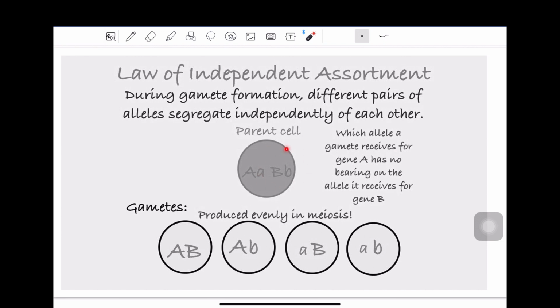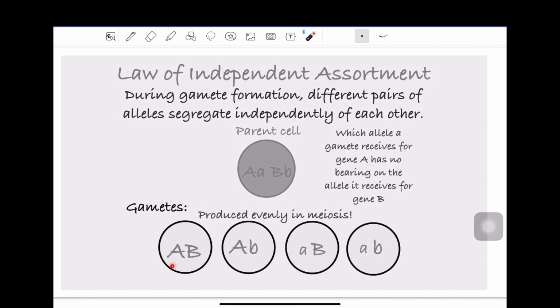The segregation of one pair does not affect the segregation of the other, which is why these gametes are produced evenly in meiosis, which means the probability of production of all these gametes is the same.